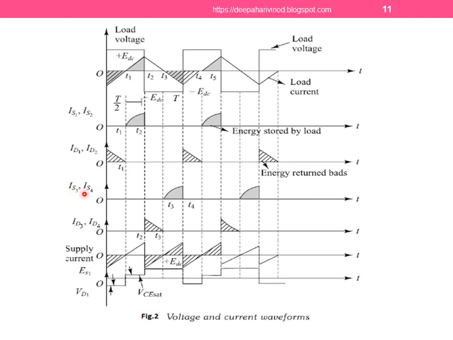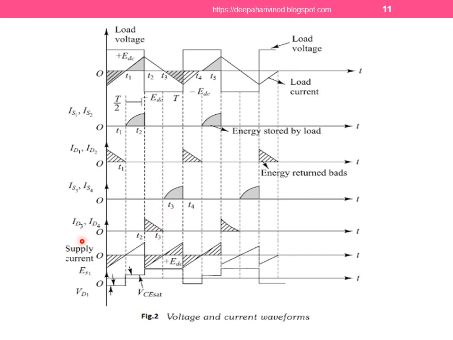IS3 is the current flowing through the switch when S3 and S4 are on, from T3 to T4. ID3 will be flowing from T2 to T3. That is, D1, D3 and D4 will be on at this instant.